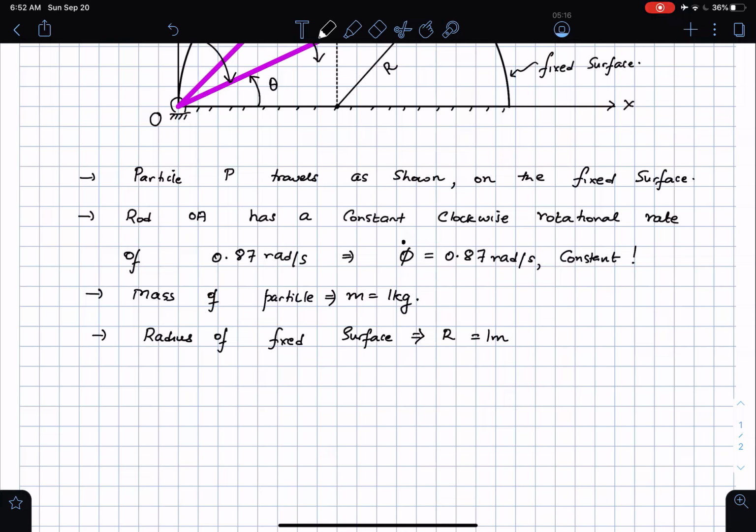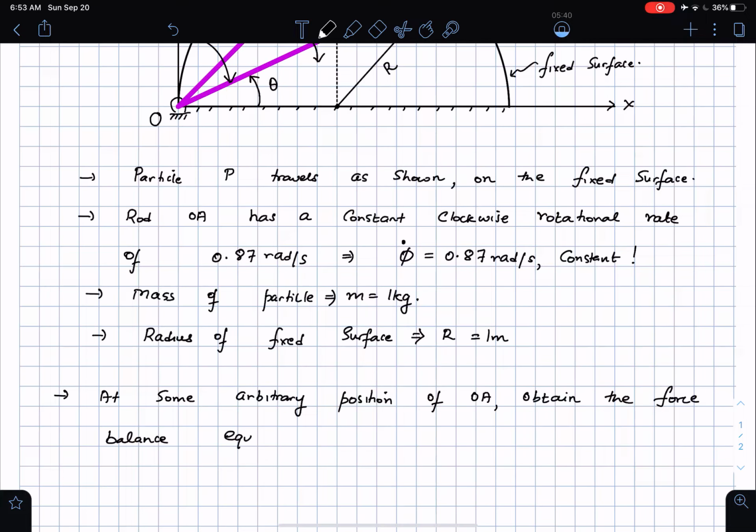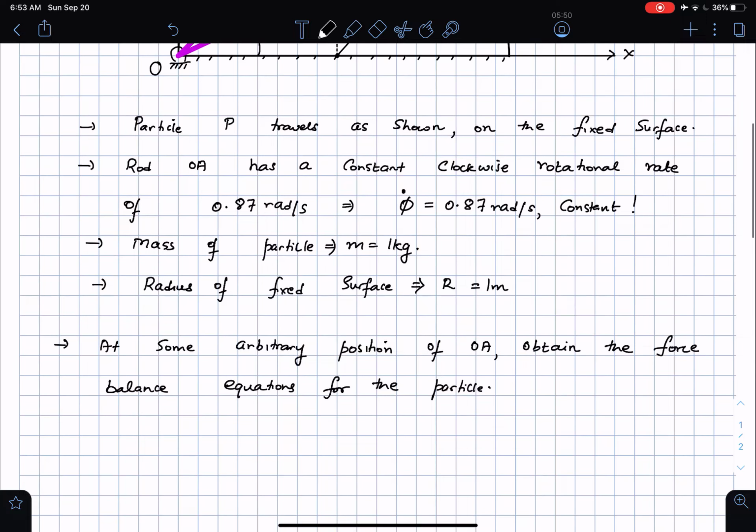At some arbitrary point in time, at some arbitrary position of the rod OA, obtain the force balance equations for the particle. Okay, that's the first thing.